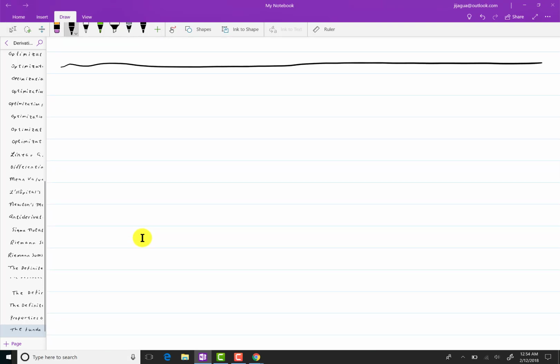Let's try the integral from 0 to pi over 2 of 3 cosine of x dx. Well, as before, you should note that the 3 is not going to be anything. What's the antiderivative of cosine of x?